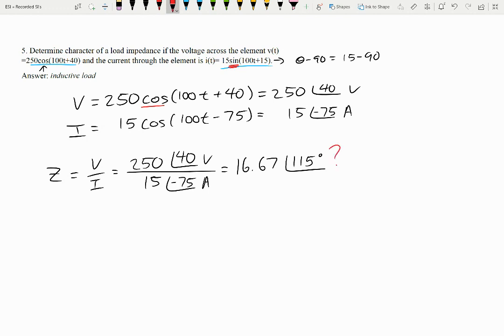Okay, so how do we know what this is? It doesn't really tell us. In the past we've had 90 degrees between given elements. So 90 degrees is for an inductor, negative 90 degrees for a capacitor. And this is the difference between the voltages and the currents.